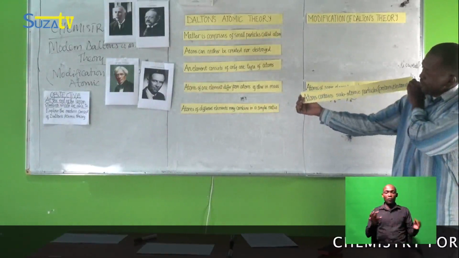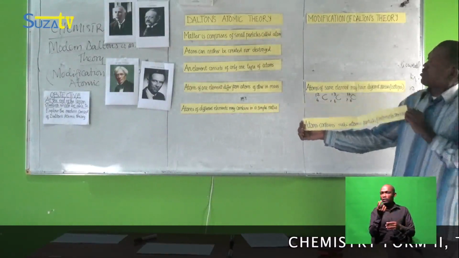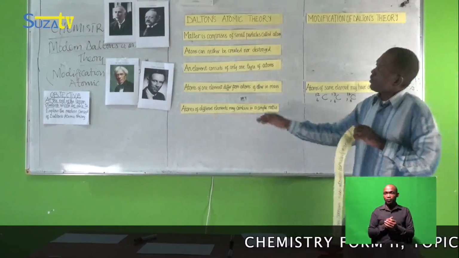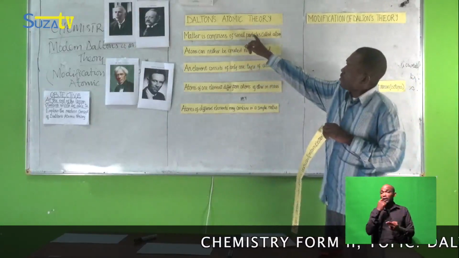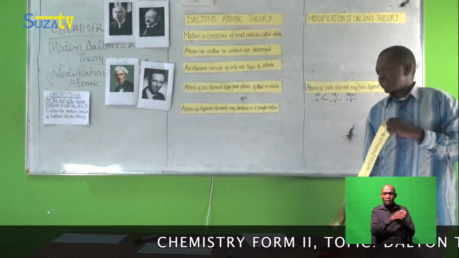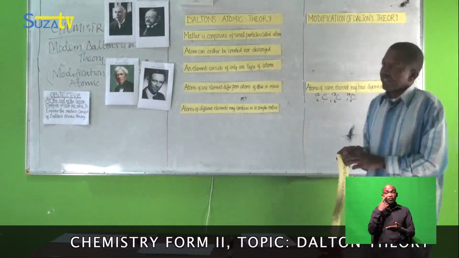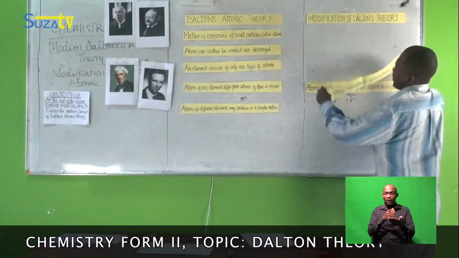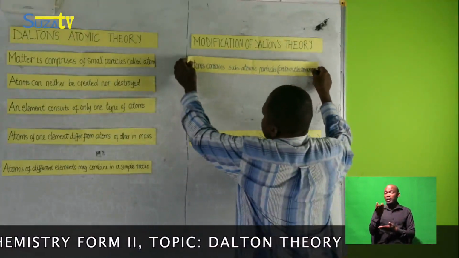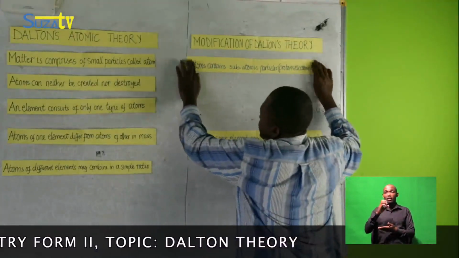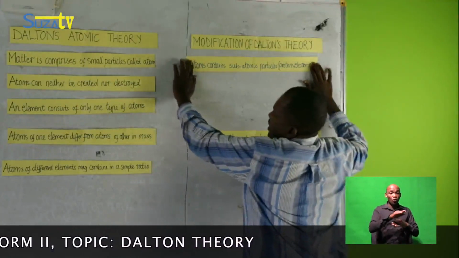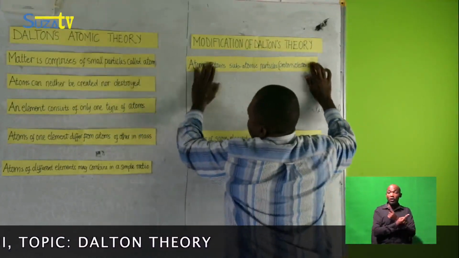Here, atom contains subatomic particles. Since it's a small particle, or another version says tiny indivisible particle, it means this modification is going to correct Dalton by saying small particle.